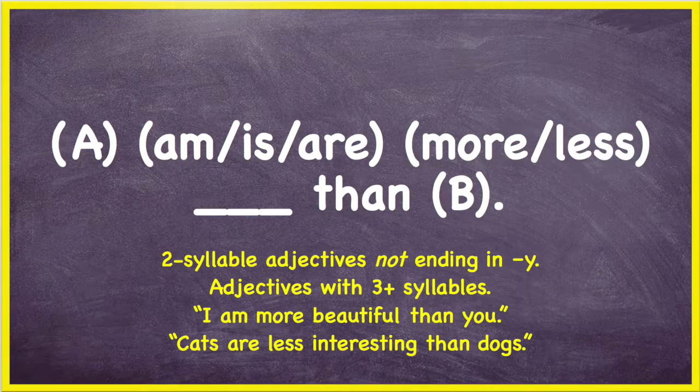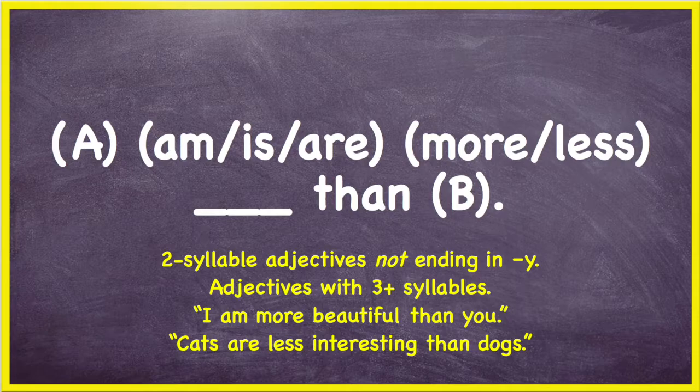The next one, so if you have a two-syllable adjective that does not end in the letter Y, or if you have an adjective with 3 or more syllables, then you will use this structure.